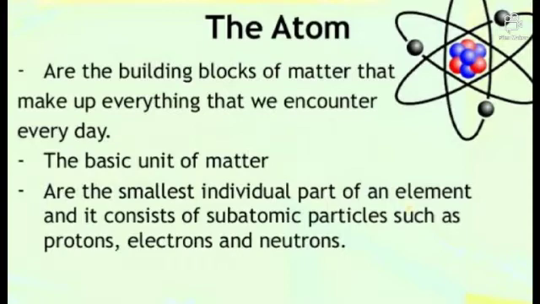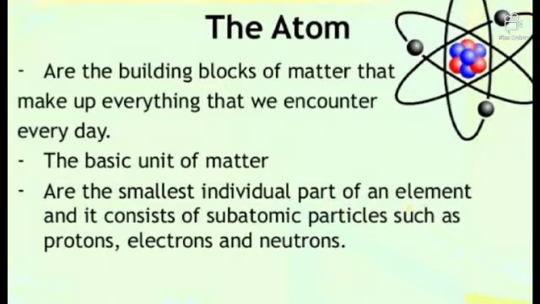It is the smallest unit of matter, and it is composed of electrons, protons, and neutrons, which are collectively called the subatomic particles. But this theory we know as of now.